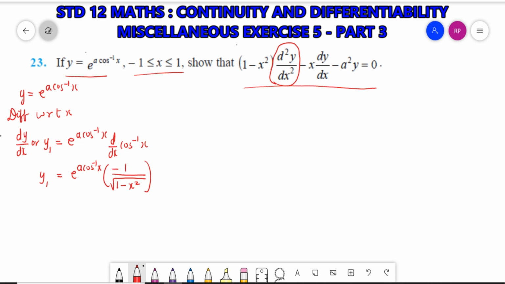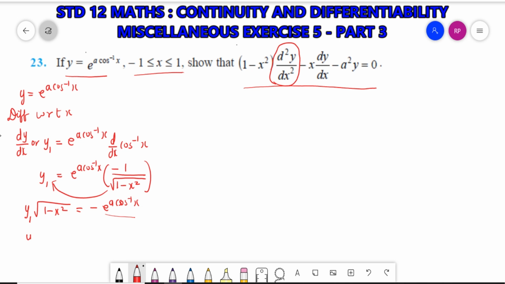Okay, so y1 is equal to e raised to a cos inverse x into minus 1 upon root of 1 minus x square. Taking that to the other side, y1 into root of 1 minus x square is equal to minus e raised to a cos inverse x. Now e raised to cos inverse x is equal to y.